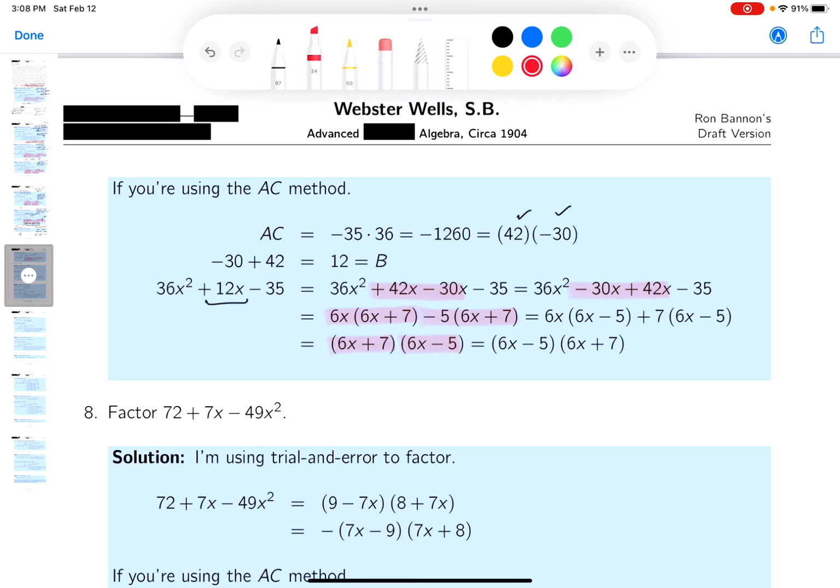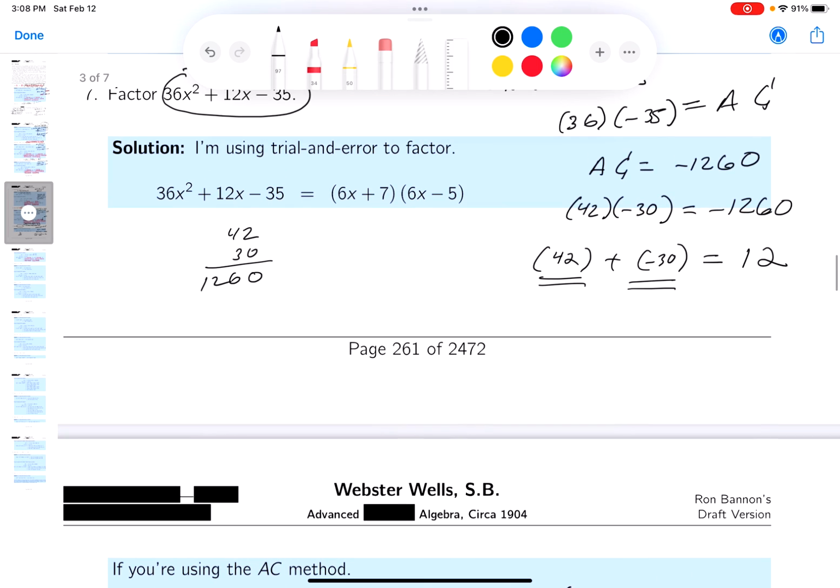What do you do for the second choice over there? Well, in the first two terms, 6x would factor out. In the last two terms, a 7 would factor out. What are you left off with? Well, 6x minus 5 pulls out, then you're left off with 6x plus 7. The deal here is, though, you're always going to remain with these two factors, 6x plus 7, 6x minus 5.